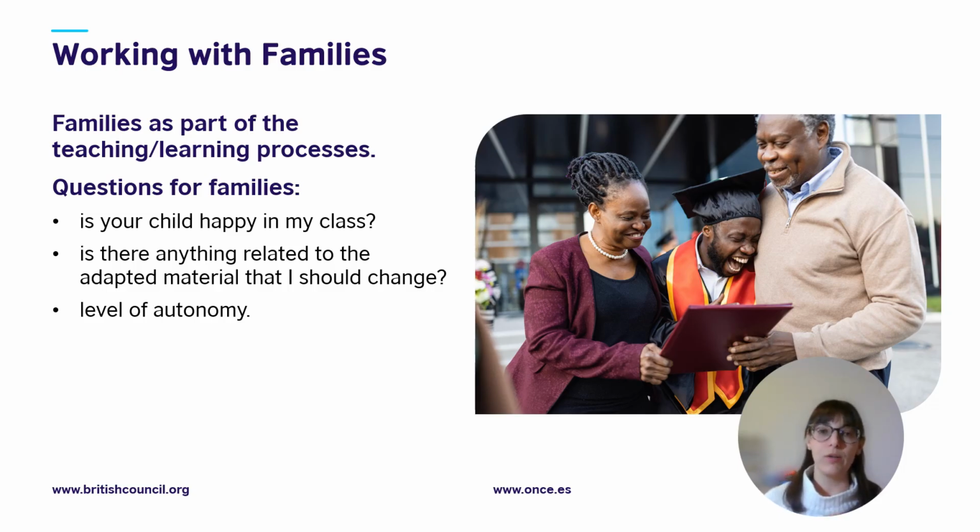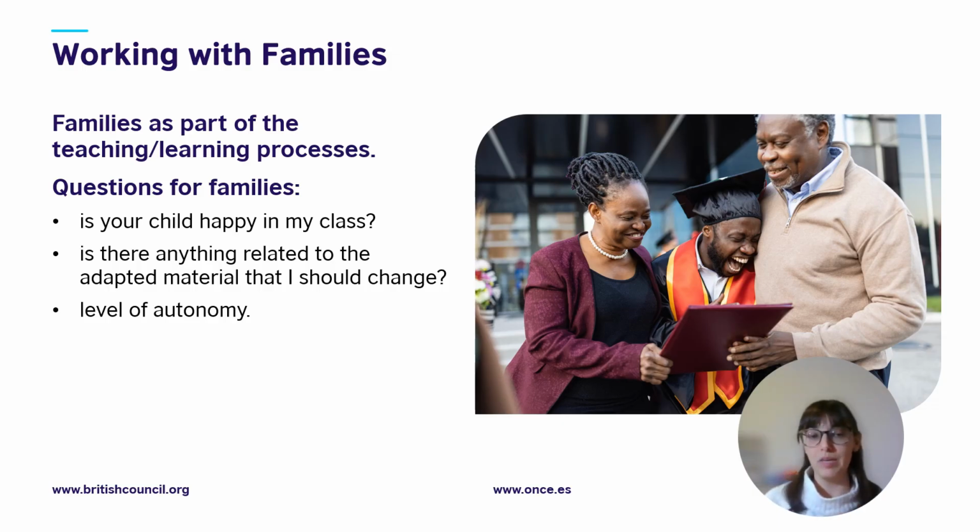However, I also recommend you to have these meetings throughout the whole year, as well, we need to check constantly the accessibility and different aspects related to our visually impaired student. And here you've got some questions that might be interesting to ask to families when working with visually impaired students.